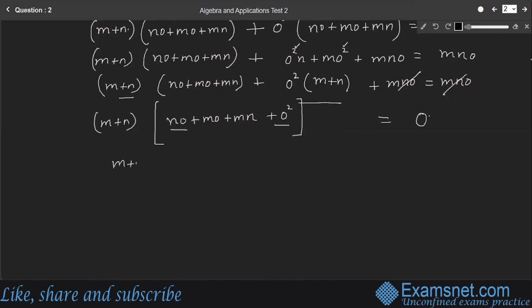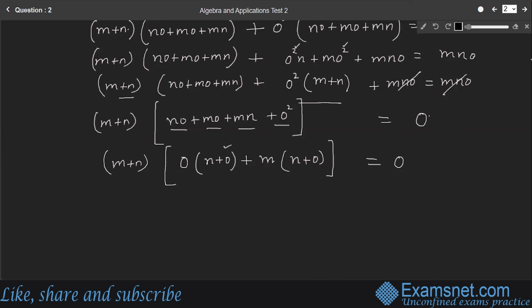So m + n into, inside the bracket, we'll take no and o² in which o is common, and the remaining terms are n + o, right? And in the remaining two terms, mo and mn, m is common. So we'll take plus m into (n + o), or (o + n), both are same, close the bracket, which is equal to 0, right?